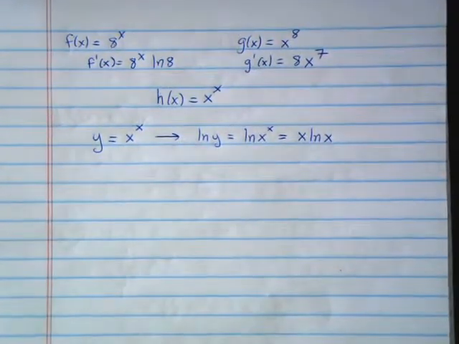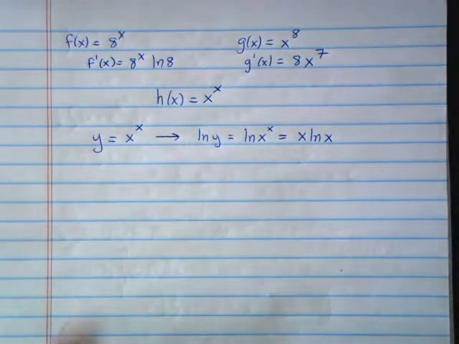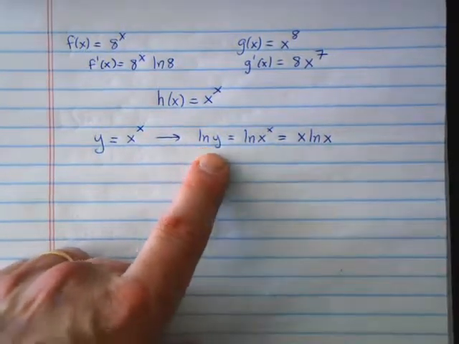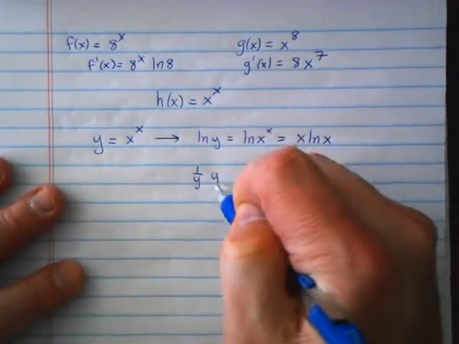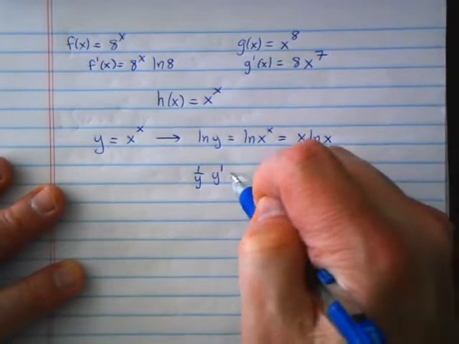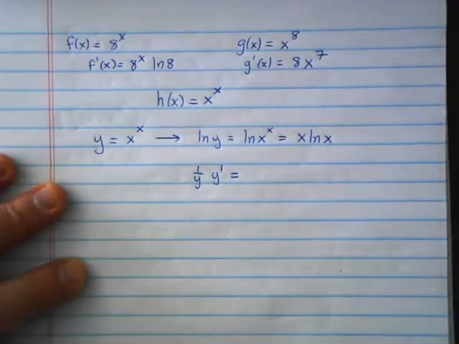Now I don't have a mixture of my two rules anymore, and I can take derivatives. I take the derivative of each side. What's the derivative of ln y? 1 over y times y prime, or dy dx if you prefer, equals the derivative of x ln x.